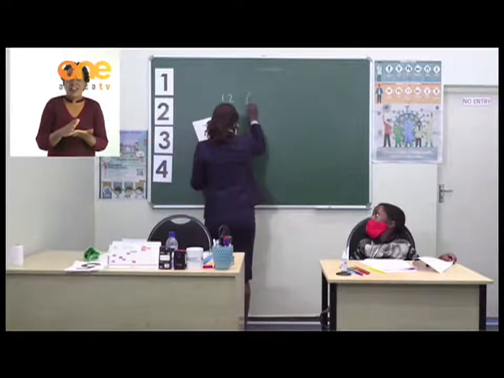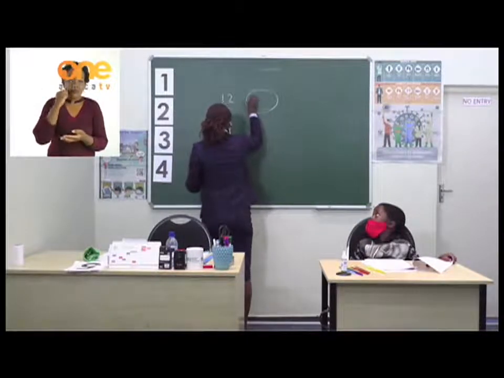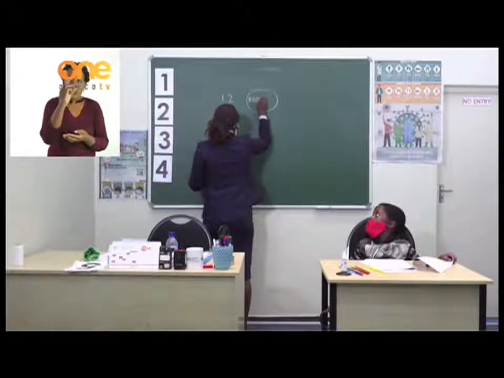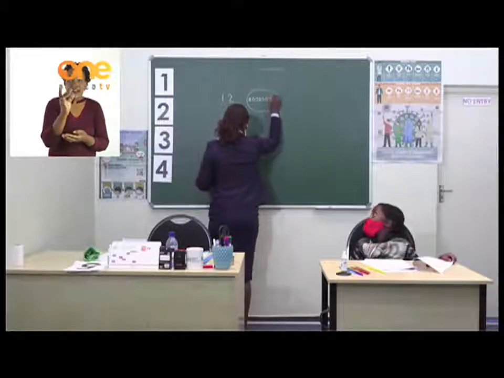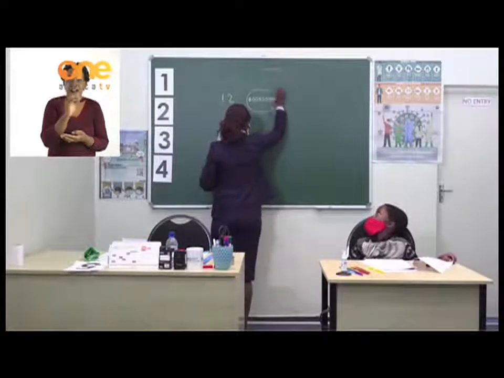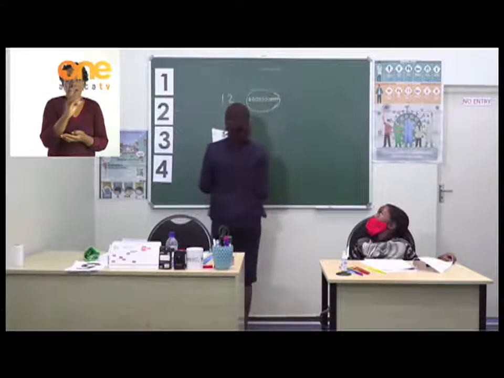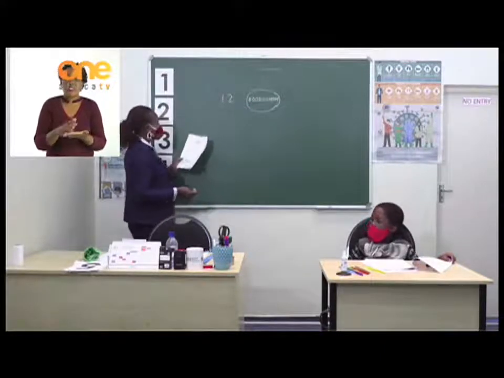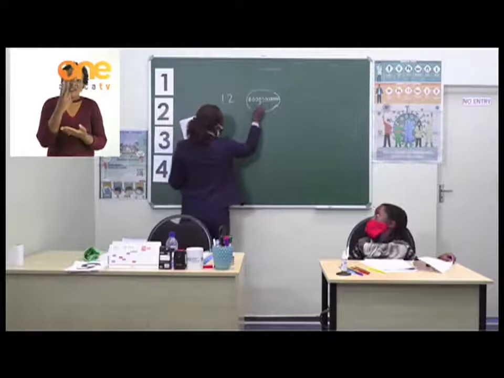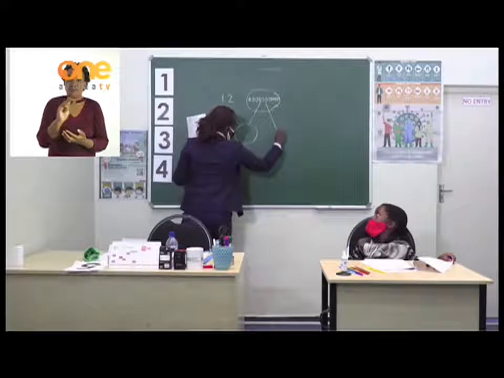Let me draw the sweets for you. 1, 2, 3, 4, 5, 6, 7, 8, 9, 10, 11, 12. And we want to share the sweets between my two friends, Tom and Jerry.